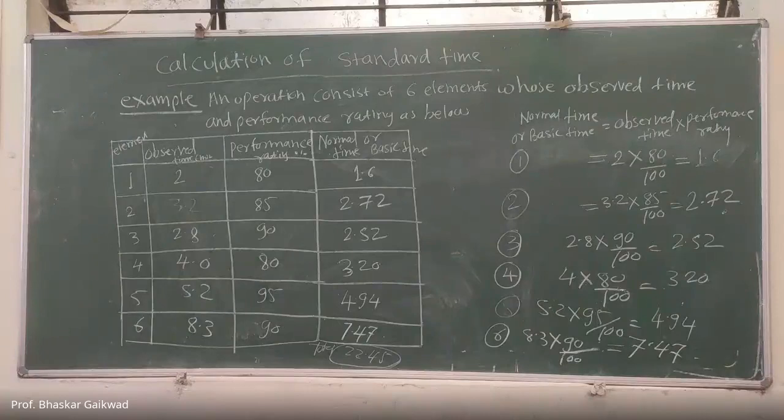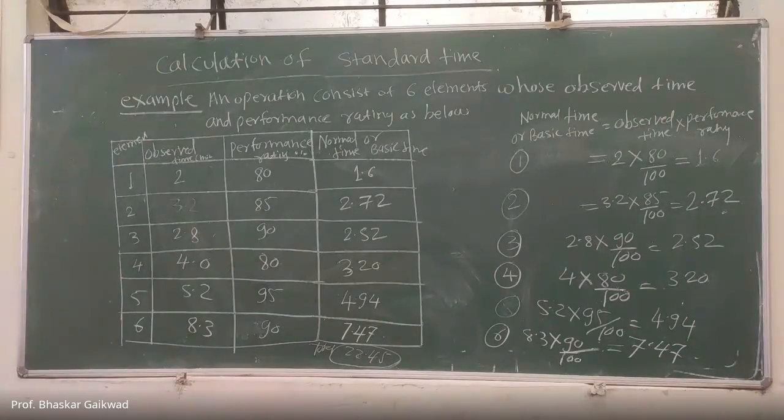So for reading number one, our observed time is 2 and performance rating is 80. So 2 into 80 divided by 100 is equal to 1.6. This is the normal time for the first reading. Similarly, you can calculate the normal time for the second reading.